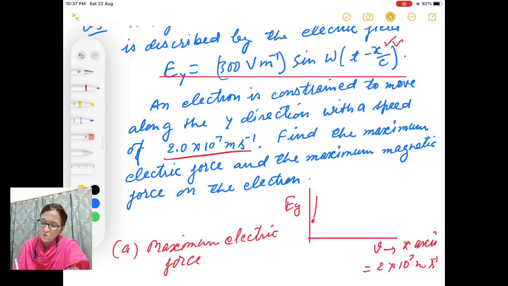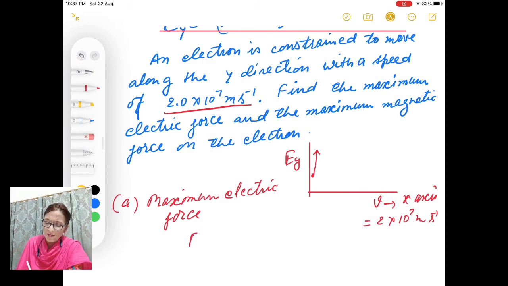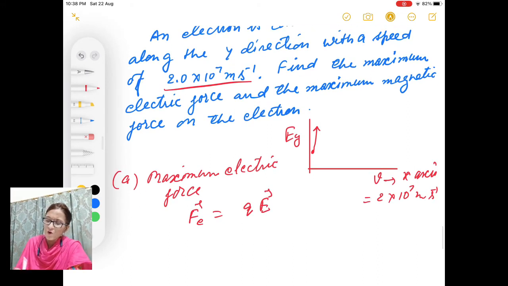The electron is forced to move along the y-axis. Here you have the electron. Now you know that electric force is equal to Q into E. So this force will be in the upward direction only, and the charge on the electron is 1.6 into 10 to the power minus 19, and the electric field given.